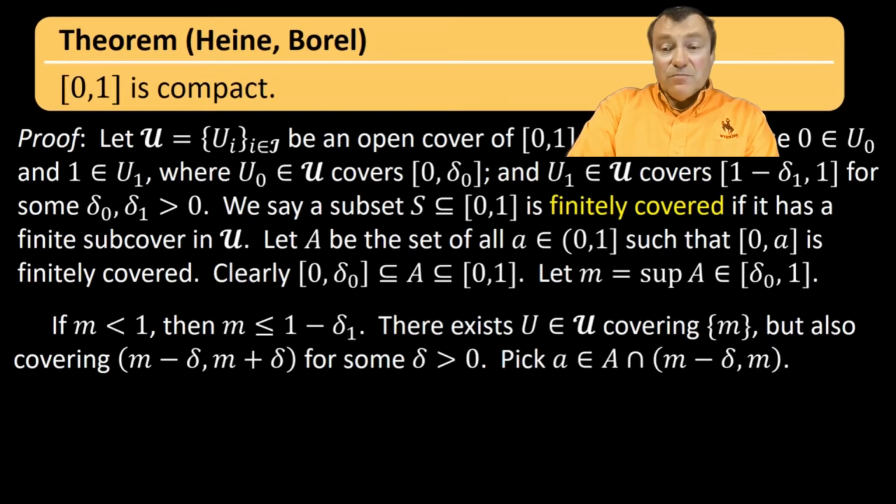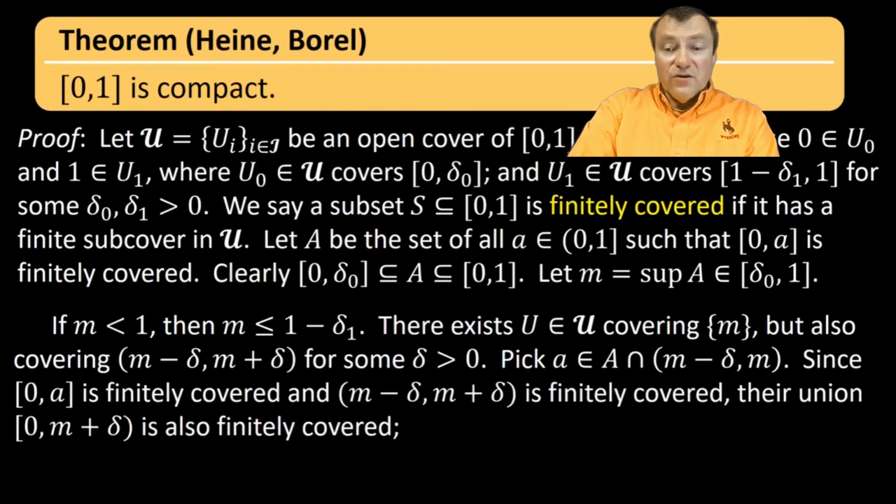Since M is the supremum of A, we can pick a point little a in A, just a little bit less than M, but bigger than M minus delta. So the interval from 0 to a is finitely covered. Also, the interval of width delta around M is finitely covered by a single set U. So the union of these two intervals is the interval from 0 to M plus delta, which is also finitely covered.